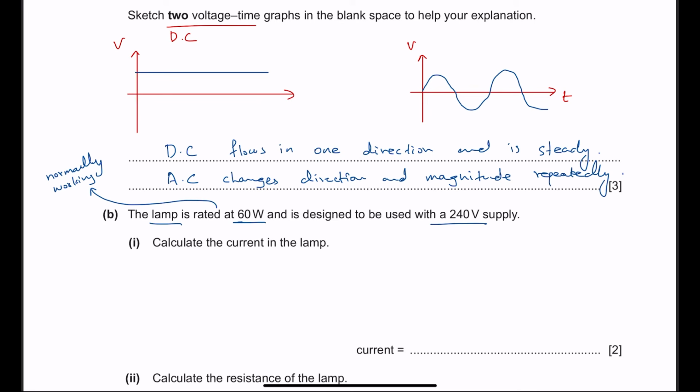So they're saying, okay, you now know that when the lamp is working normally, it gives an output power of 60 watts and connected to a 240 volt supply, then what would be the current in the lamp?